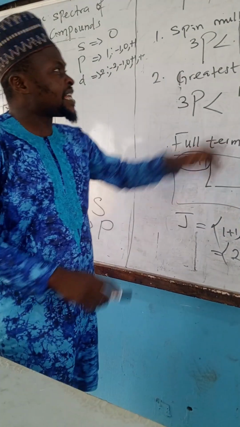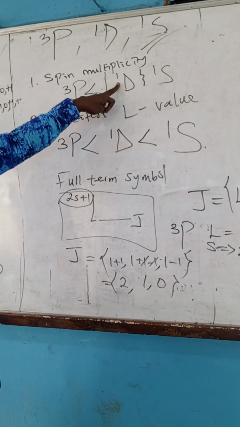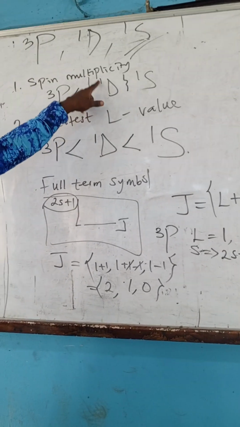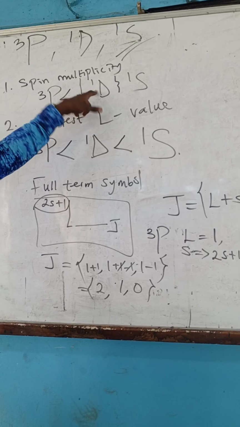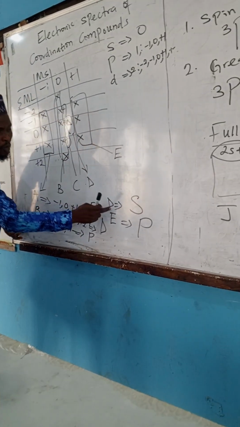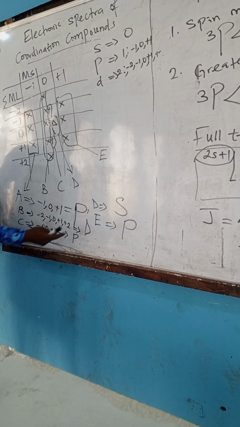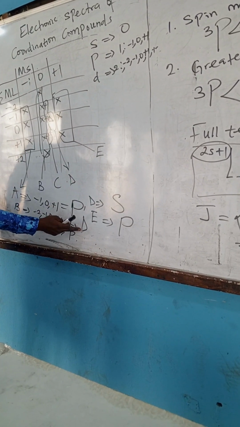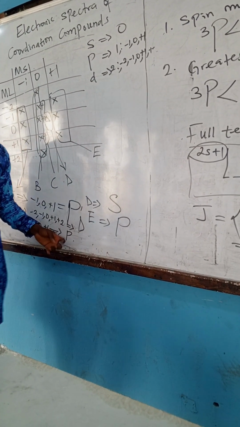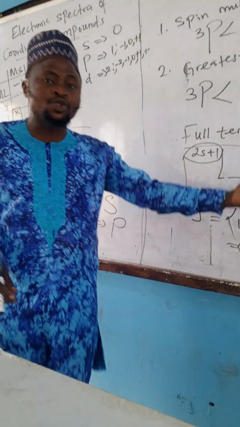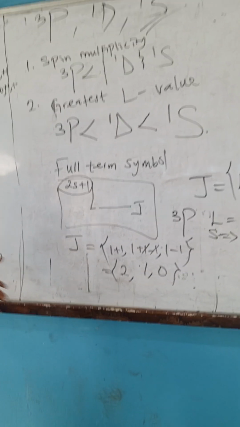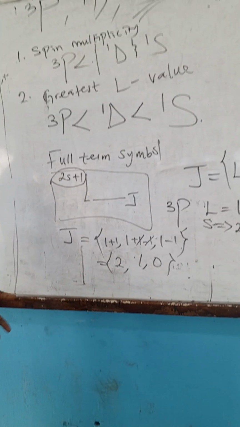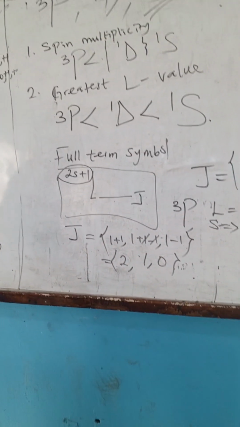We are not going to be interested in finding the J value for this one because it is just having a spin multiplicity of 1. There is only one of these. From what we did from here, we had only 1 D. And we have 3P. Because we have 3P, that's why we are trying to look at the J value of each of the P's. Because there are 3 P's. 1 P has to come before the other. Alright?